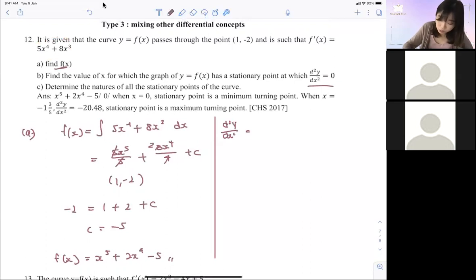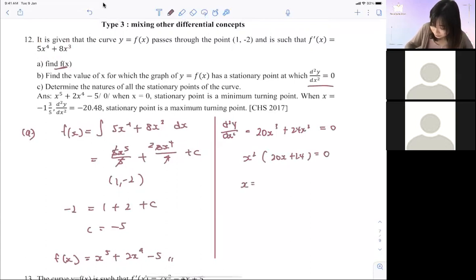I must differentiate this equals 0. So 20x cubed plus 24x square equals 0. Take out x square, you get 20x plus 24 equals 0. Either x is 0 or x equals 12 over 10, 6 over 5.